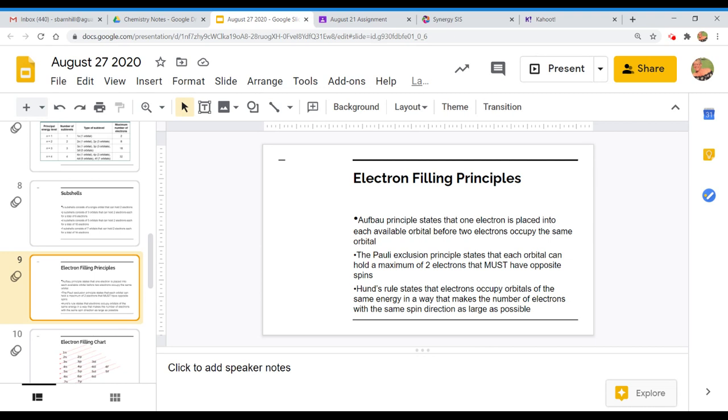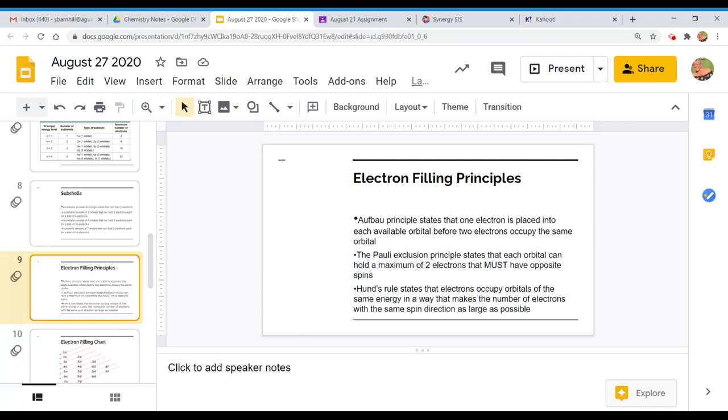The first one, the Aufbau principle, states that we always put 1 electron into the lowest energy level, the first available orbital before 2 electrons occupy the same orbital. 1 electron goes into the lowest available energy level before we go to the next.